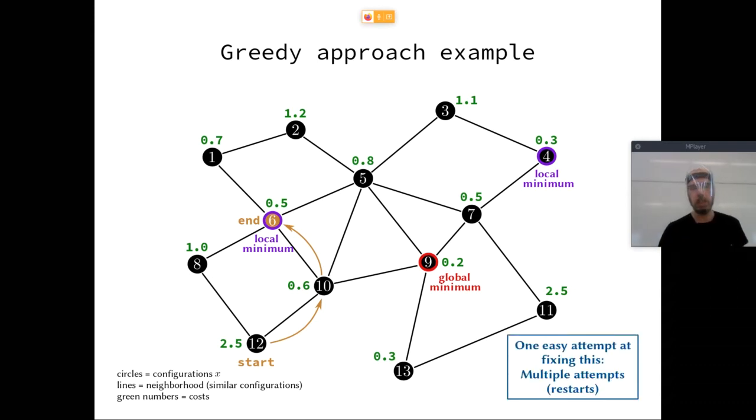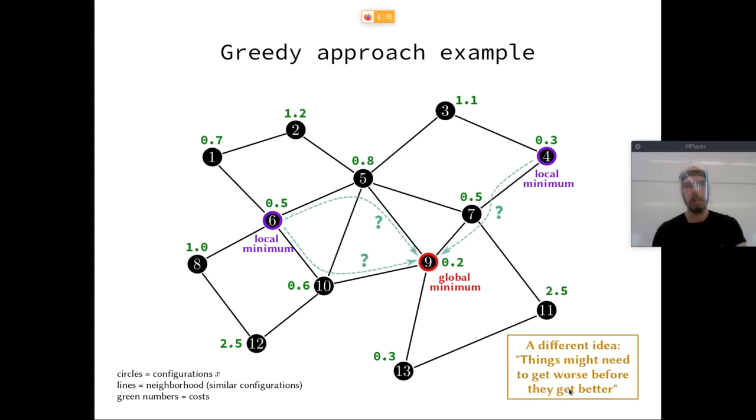Good. So what I just said at the end is called multiple attempts, or restarts. You finish, and you restart again. An idea that we are going to explore later, however not right now, but keep it in mind, is that one might want to consider algorithms which are not greedy.